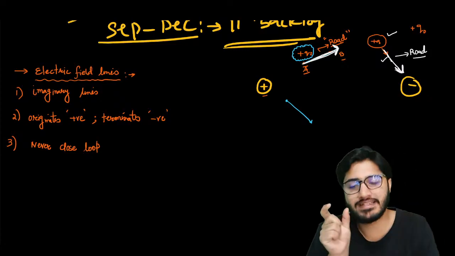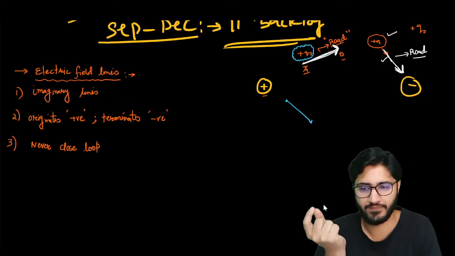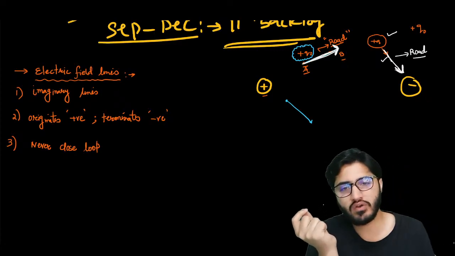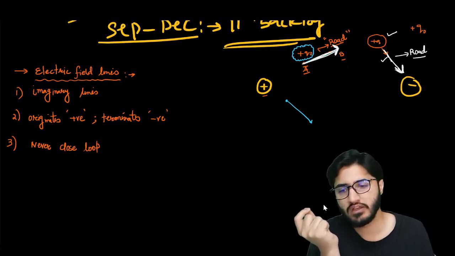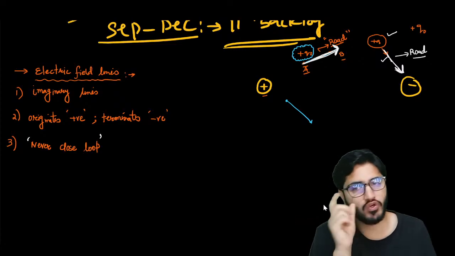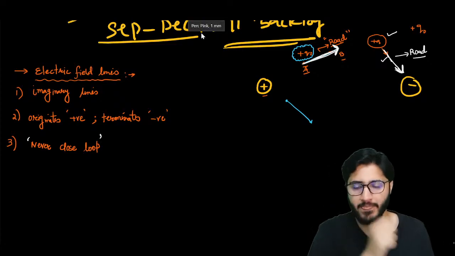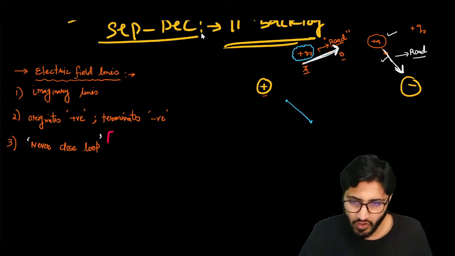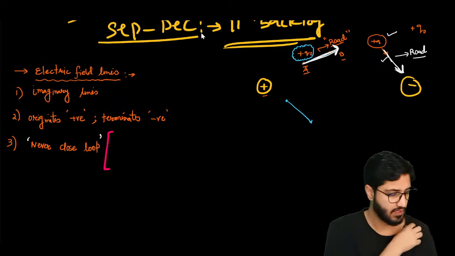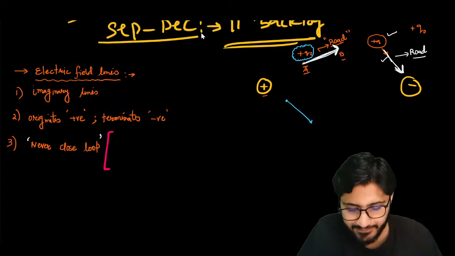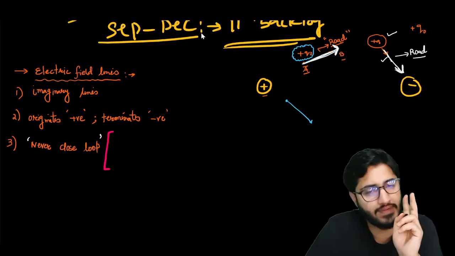But this sentence is not always correct. Do you know why? Look, I will give you an example for that. If we talk about electric field, we have two types of electric fields.